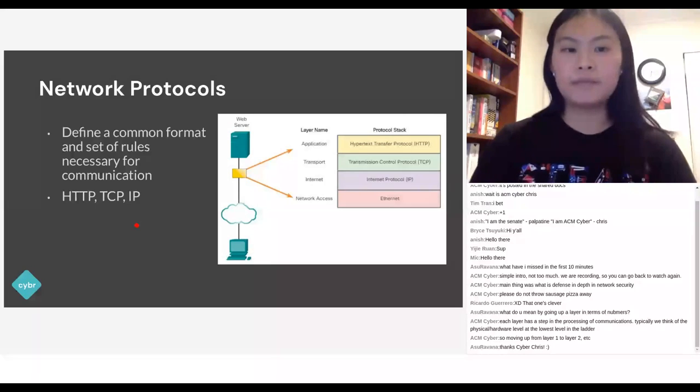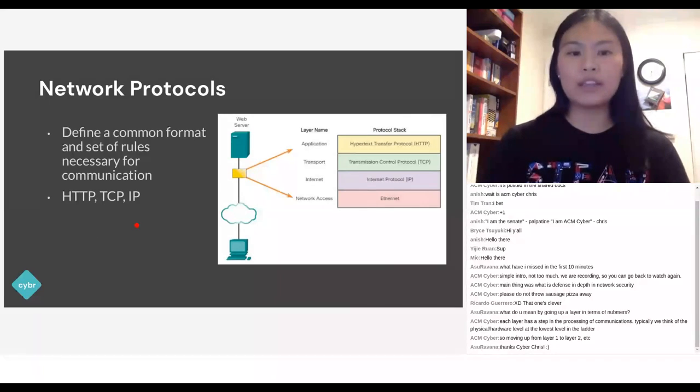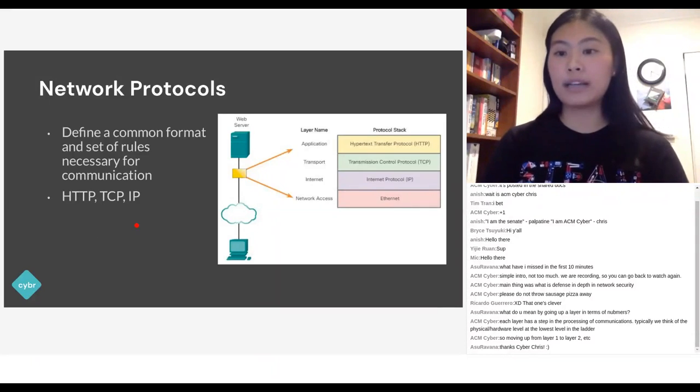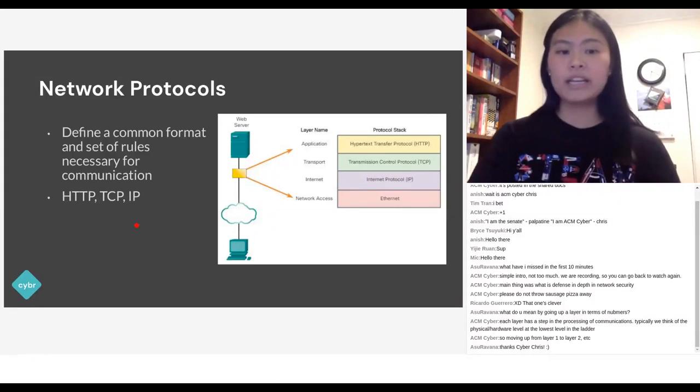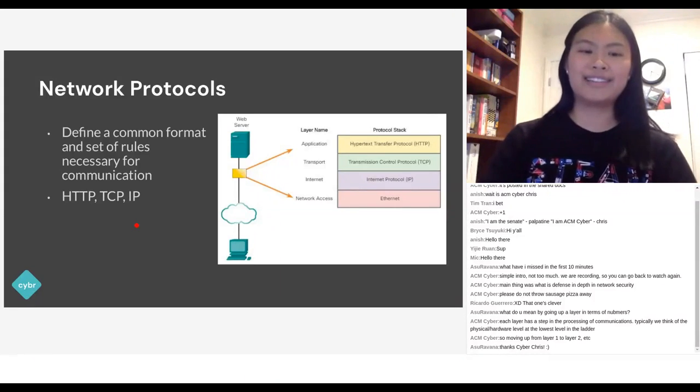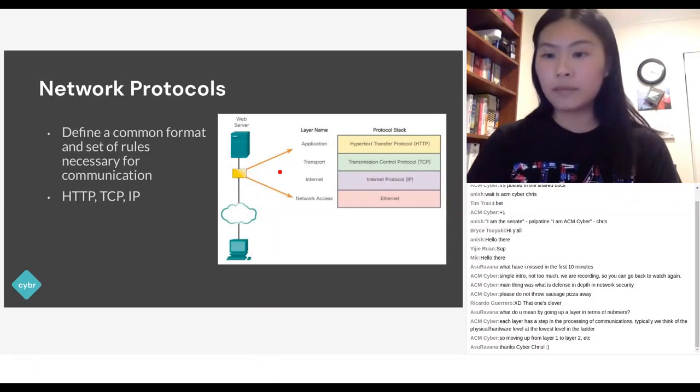Going back, HTTP is the way that a web server and a web client actually interact, so it's what's called the client-server model. It also does extra stuff, like defining the content that's sent and the formatting of certain requests and responses. Going down, the transport layer is TCP.